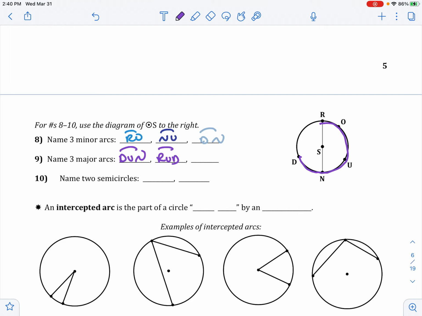There's a major arc, again something bigger than a semicircle. Let's try one more. Maybe I start with U and I go all the way to O. Maybe we'll call this URO. That would be another example of a major arc. These are big arcs, bigger than a semicircle.